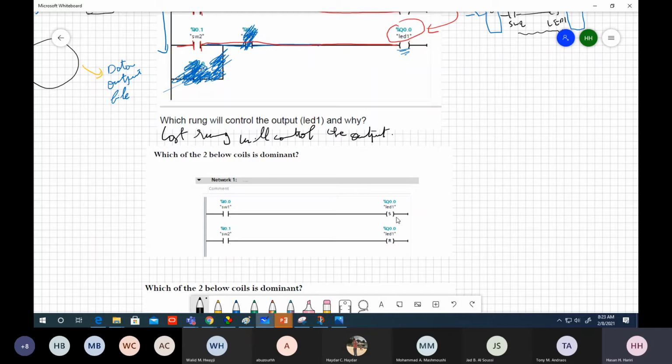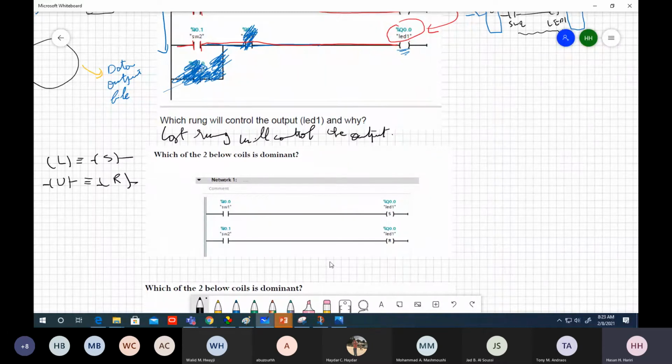This is latch, and this is unlatch. In Siemens programming, they call it reset, but it's exactly the same as what you learn in your software. They name it S instead of L, and here they name it R instead of U.